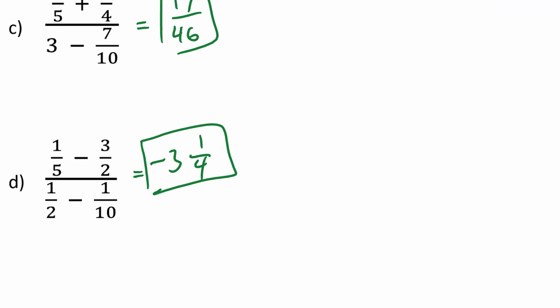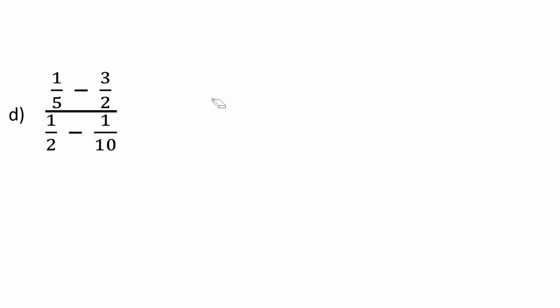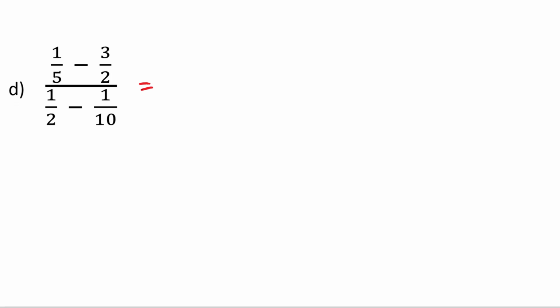I'll take up D now. Complex fraction. Lowest common denominator between 5 and 2 is going to be 10. The bottom here now, lowest common denominator between 2 and 10 is going to be 10.